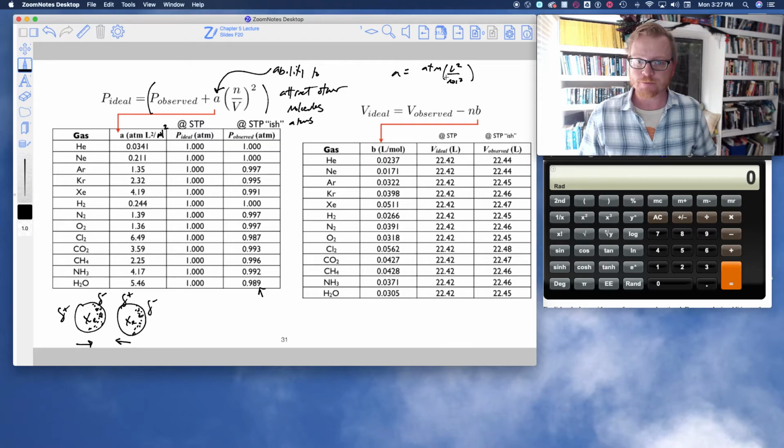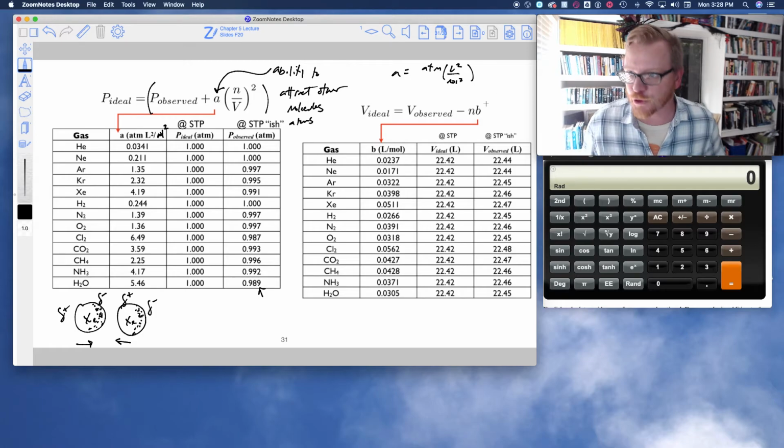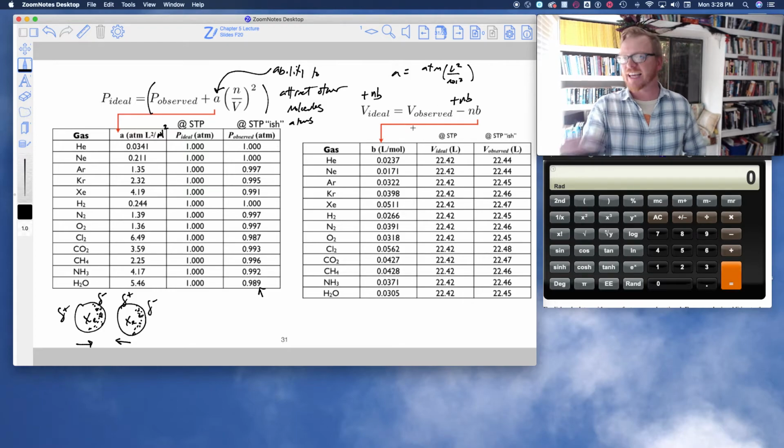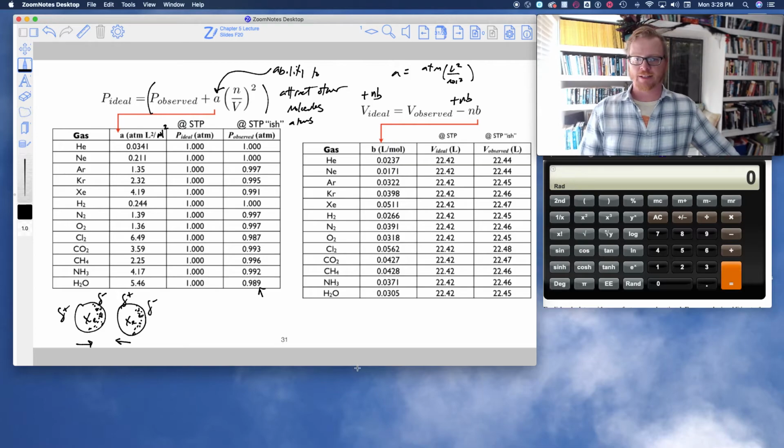Okay? So our observed volume would actually have to be bigger. And the observed volume has to be bigger because the molecules take up volume themselves, right? If you think about the algebra, if I add nB to this side and add nB to this side, it's increasing that ideal volume relative to the observed case.